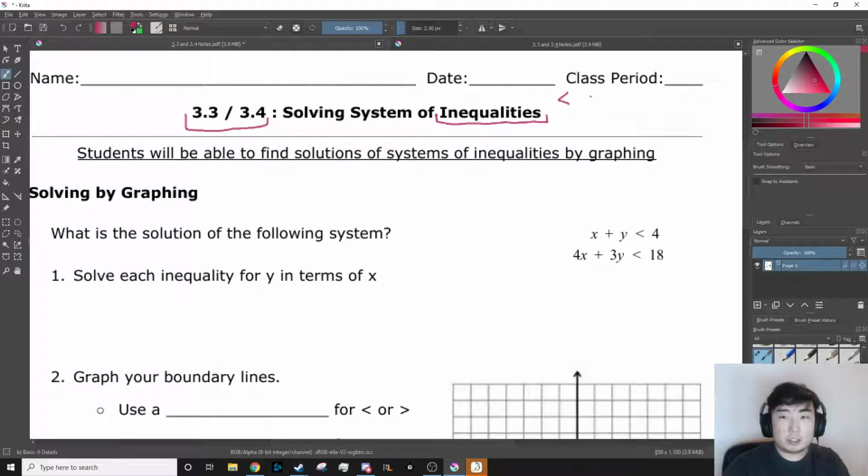Inequalities are pretty much just your less than, greater than, less than or equal to, greater than or equal to. That's pretty much it. If we remember, let's say for example, 3x is less than 5. We would treat this like an equal sign.